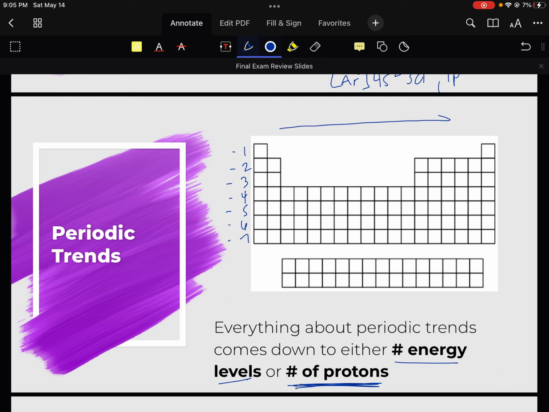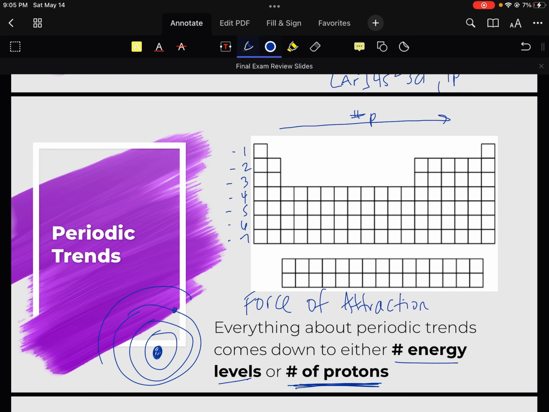We know that our number of protons increase as we go this way because our atomic number is getting bigger. So all of our trends come down to the force of attraction. If this is the nucleus, how good is it at attracting these little electrons that are floating out here on our outer energy levels?